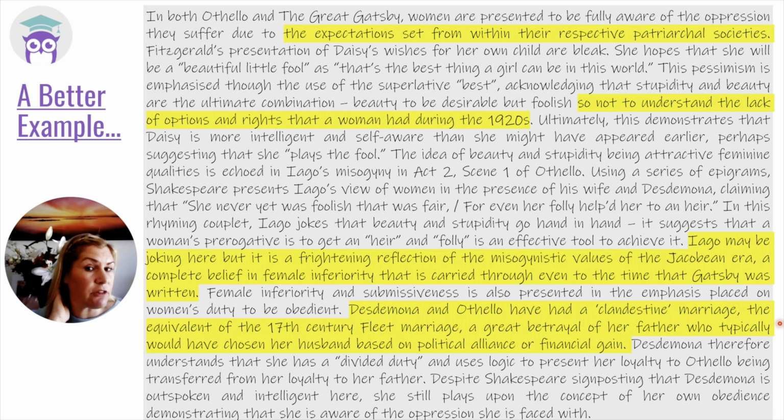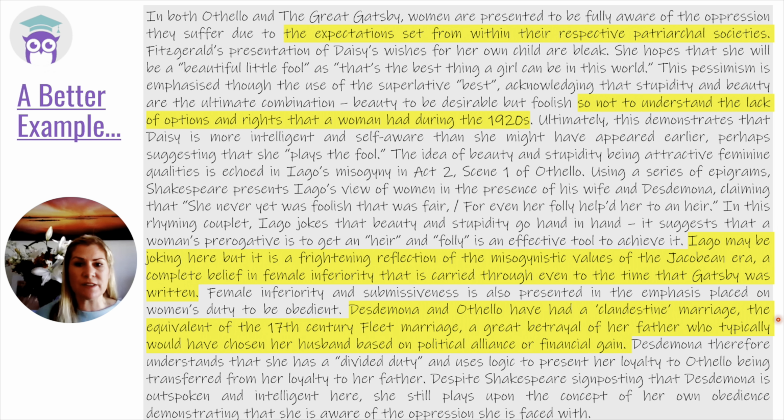Female inferiority and submissiveness is also presented in the emphasis placed on a woman's duty to be obedient. Desdemona and Othello have had a clandestine marriage, the equivalent of the 17th century fleet marriage, a great betrayal of her father, who typically would have chosen her husband based on political alliance or financial gain. Desdemona, therefore, understands that she has a divided duty. So do you notice here that my context is really, really specific?